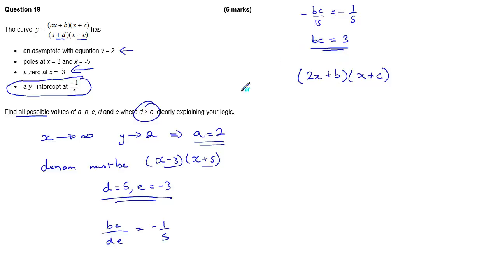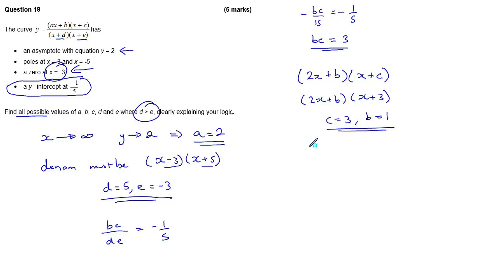So if we're going to have a 0 when x is negative 3, what we could have is 2x plus b, x add 3, like this. So that would give us that c is equal to 3. Now if that's the case, going back to here, b would have to be equal to 1.